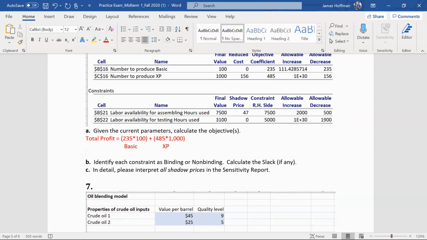So the first part is the profit for the basic, the second part is the profit for the XP, and the total profit is the sum of the 2.